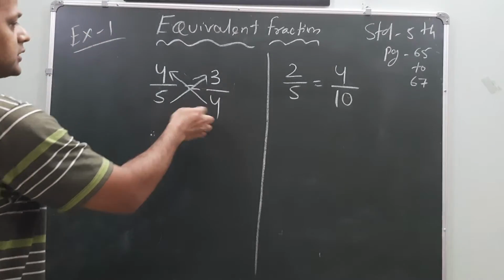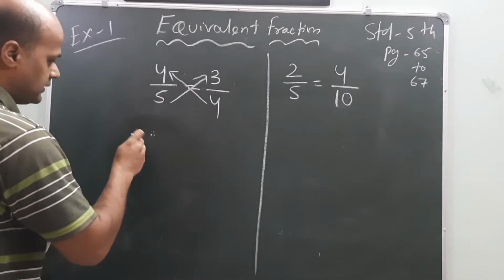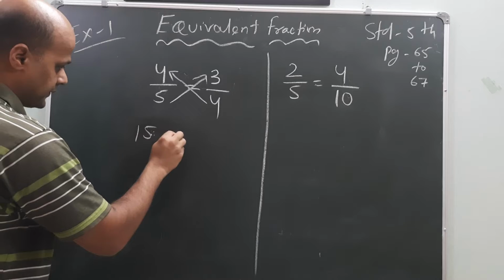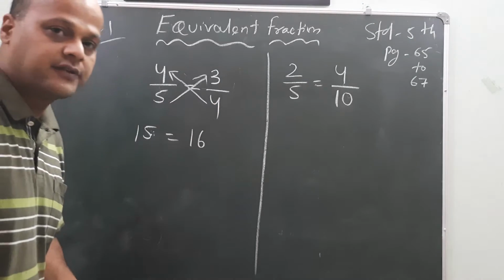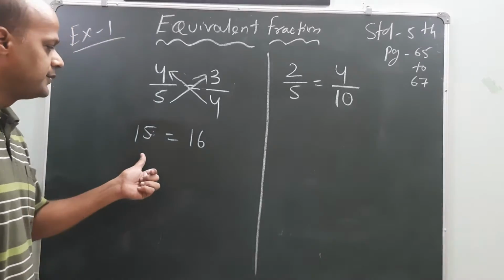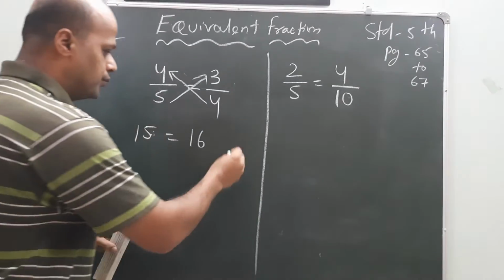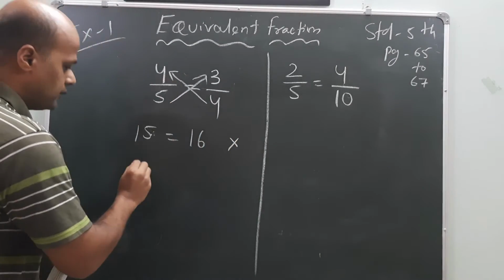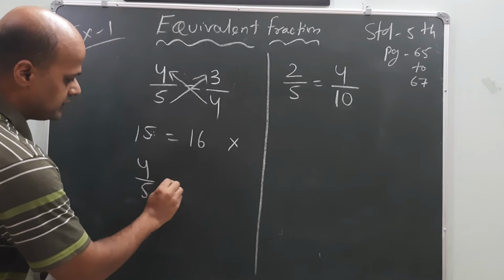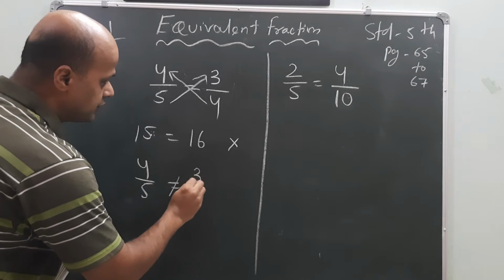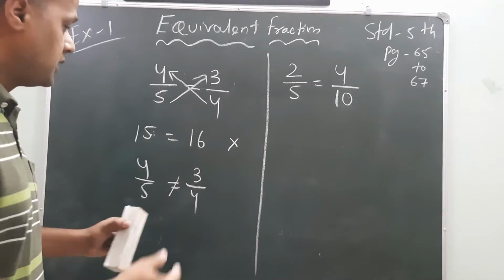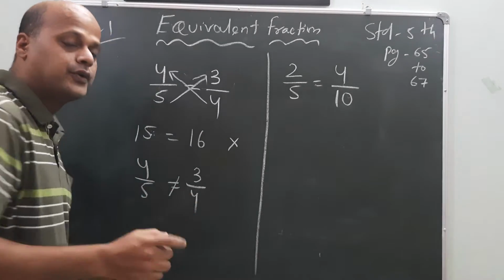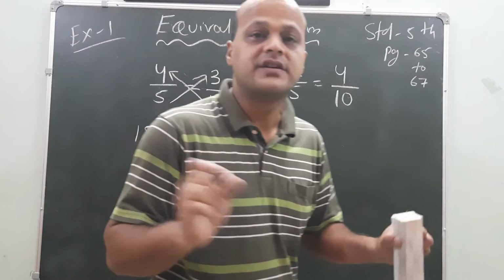If I multiply this one, how much is coming? 5 threes are 15, 4 fours are 16. Now my dear friends, is 15 equal to 16? No. So I will write that 4 by 5 is not equivalent to 3 by 4. So 4 by 5 and 3 by 4 are not equivalent fractions.